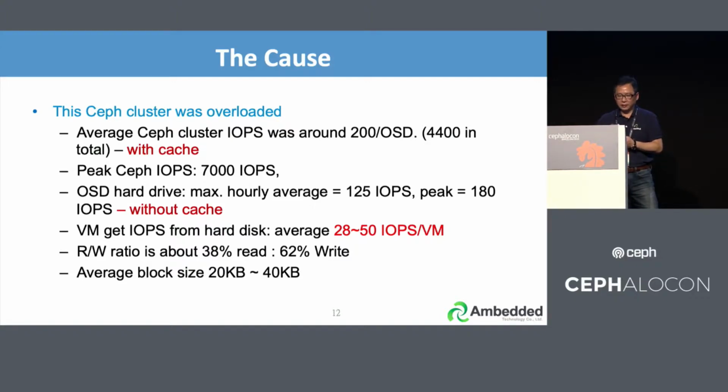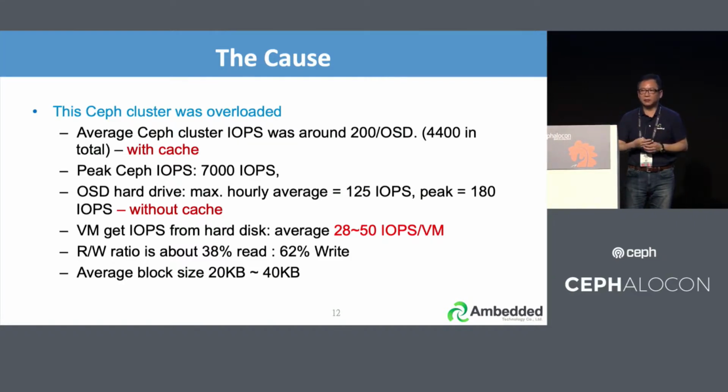So from this layer we can tell. And also from the hard drive, the IOPS is very high. And the average IOPS shared by a single virtual machine is only 28 to 50. That obviously makes the VM operate very slowly.